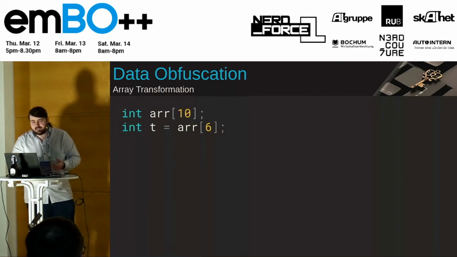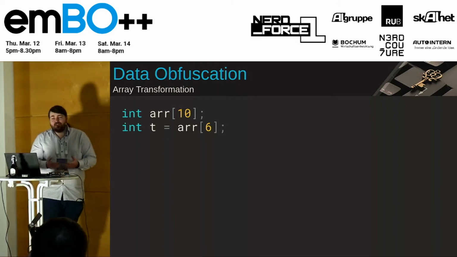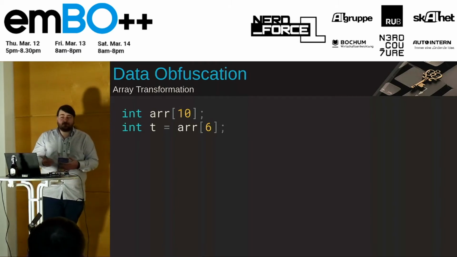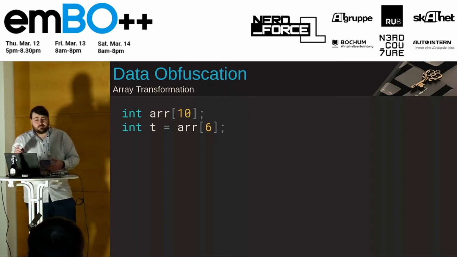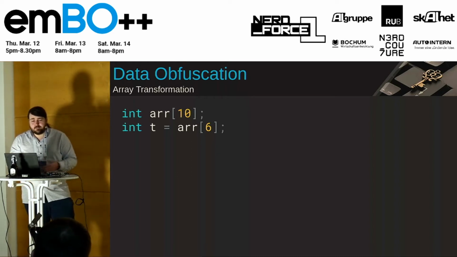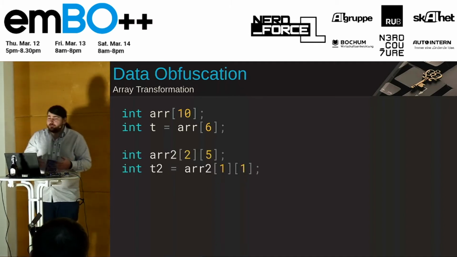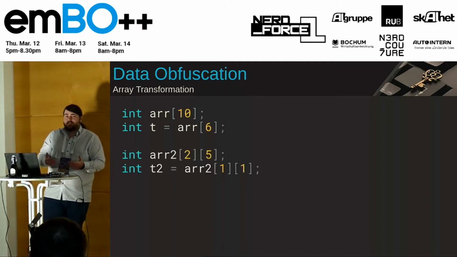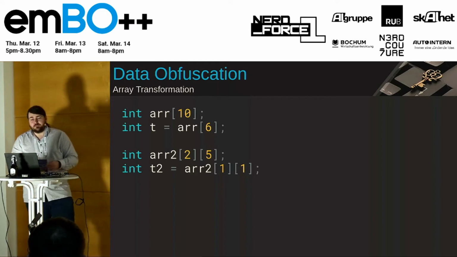As an example, some really basic thing is array transformation. Instead of having an array with 10 ints and you access the 6th element, you say, okay, let's use a multidimensional array. In essence, this is doing exactly the same, but it looks slightly different, at least on the C level.